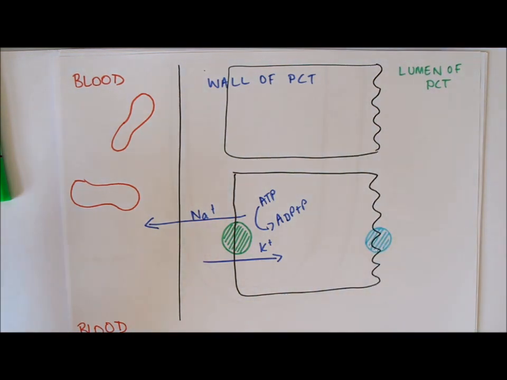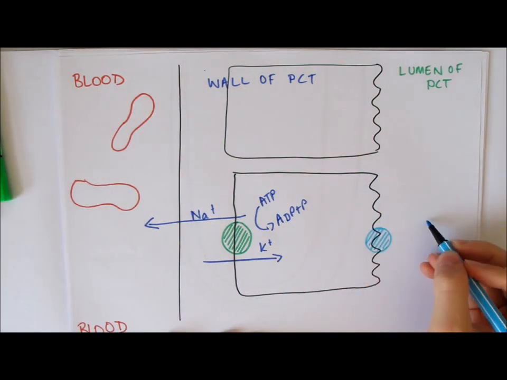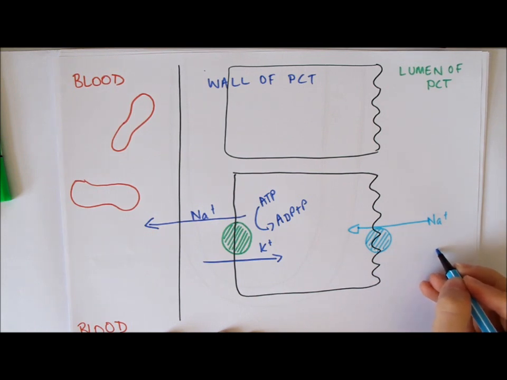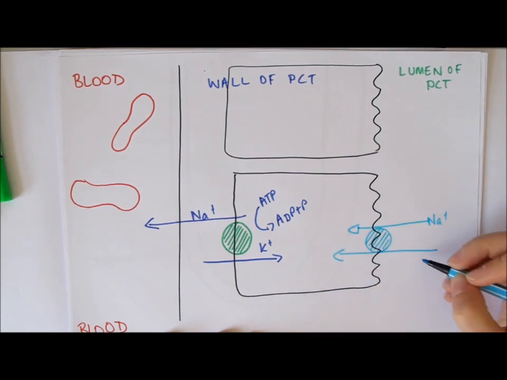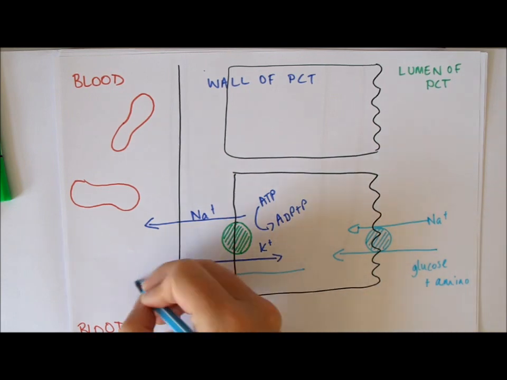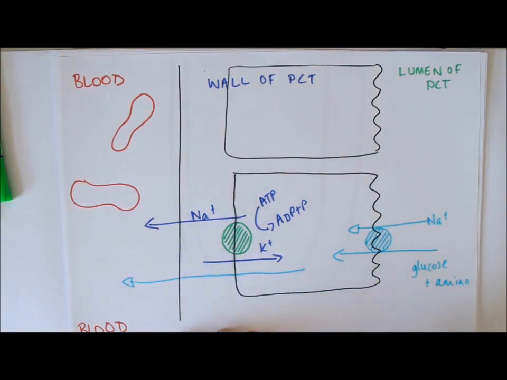What that does is it causes a lower concentration of sodium here, so then sodium enters by diffusion from the proximal convoluted tubule and brings with it glucose and amino acids. Okay, and what they can then do is they then continue on their journey into the bloodstream.